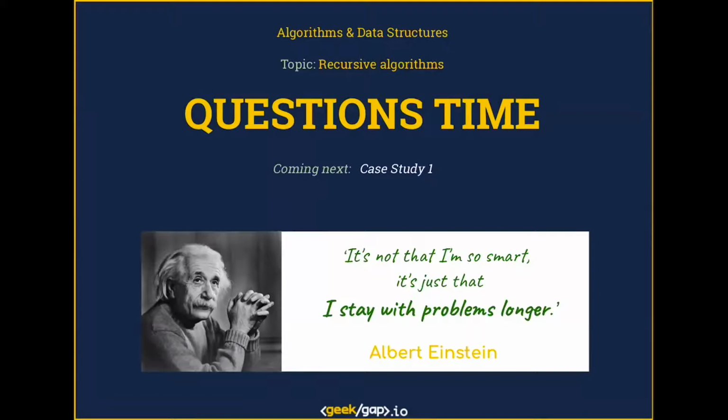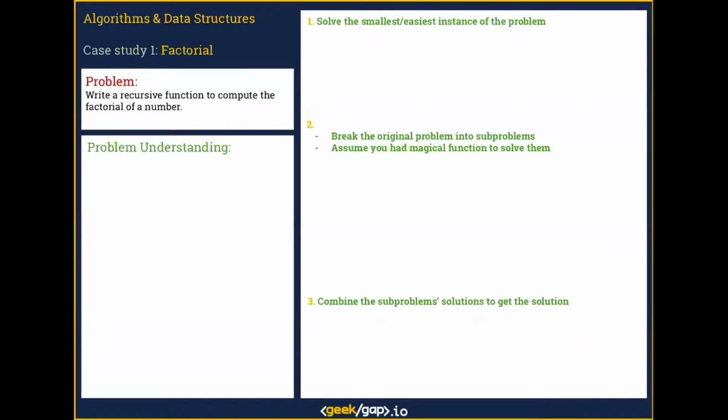These are real examples, real problems that you get during interviews. So if there are any questions before we move to them. All right, I assume no question, and hopefully you have questions when we move to the other ones. First of all, factorial.